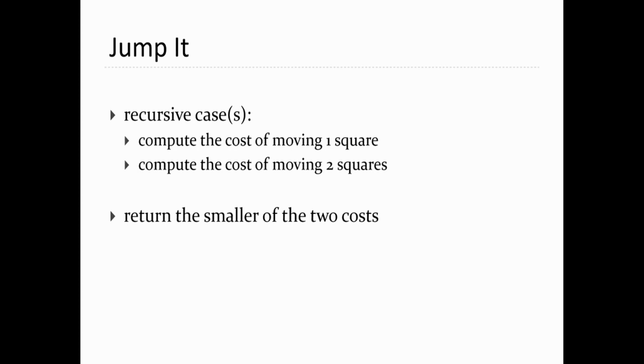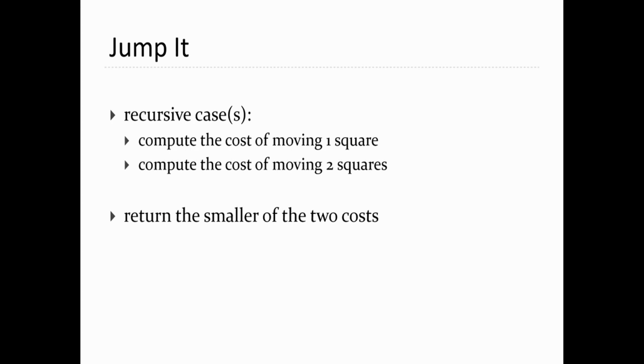So how do you solve this problem in general? You know that no matter what square you're on, you can either take 1 step or 2 steps. So what I can do is take 1 step, because I can just look at the next square on the board.